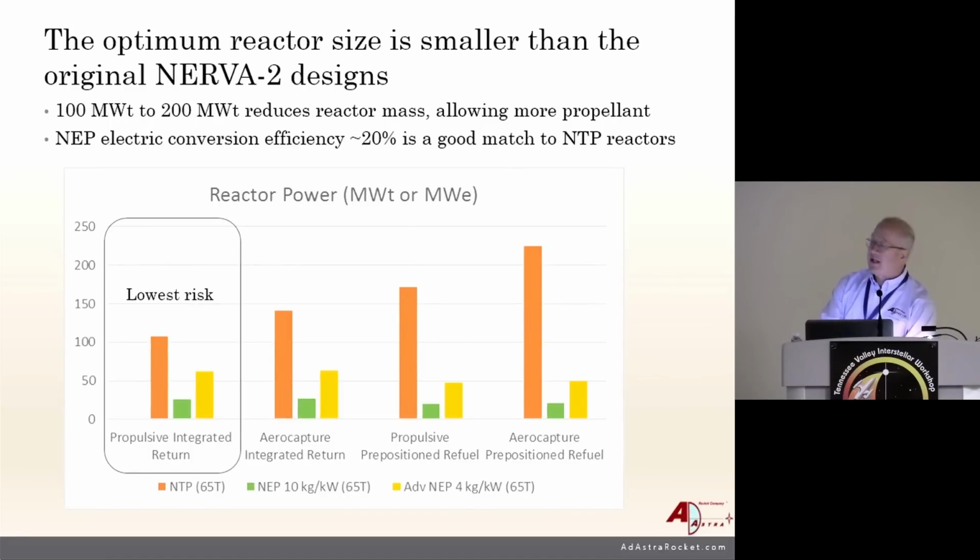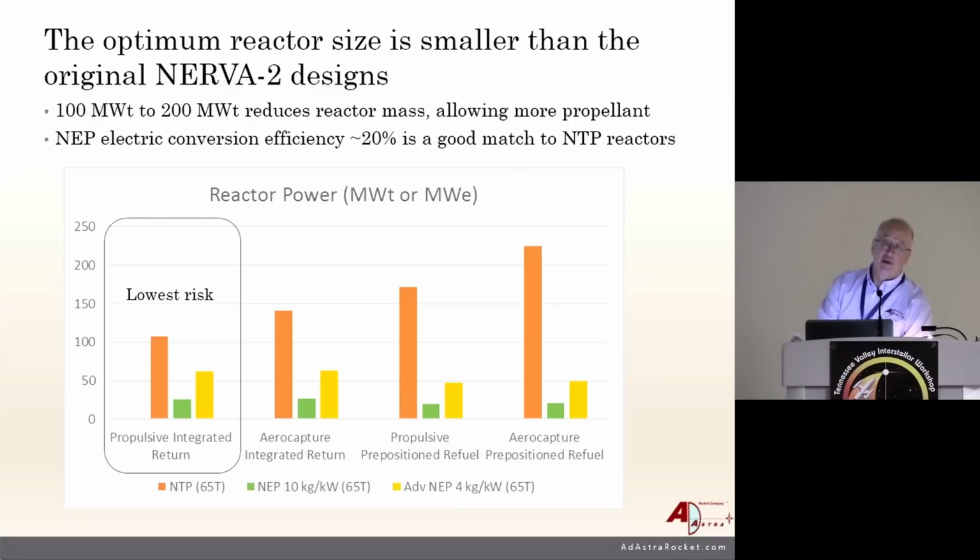And you also see the power sizes are not as big as you might think. When you optimize these times, it's very simple. You can program this on an Excel spreadsheet. But you really want 100 to 200 megawatt thermal type reactors, which are good matches for 20% conversion efficiency to nuclear electric. So the same reactor might be able to be used for both very effectively.